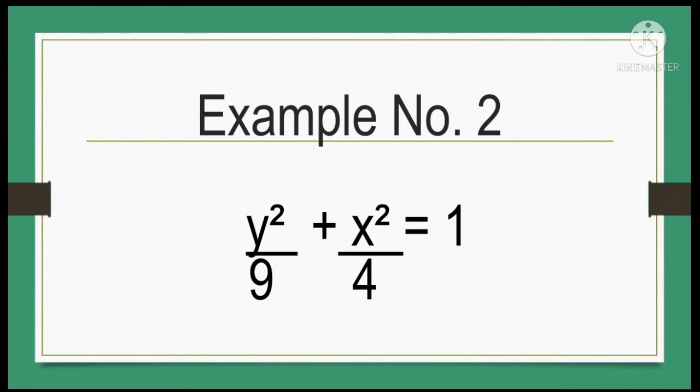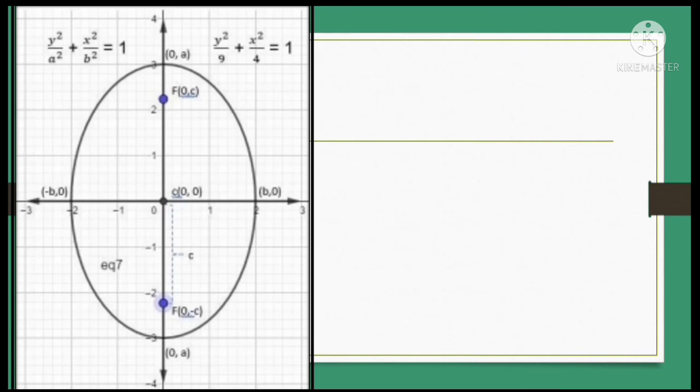So we have this example 2: y squared over 9 plus x squared over 4 equals 1. If we were going to graph this second example, the illustration would look like this. We are right that the major axis is along the y-axis.